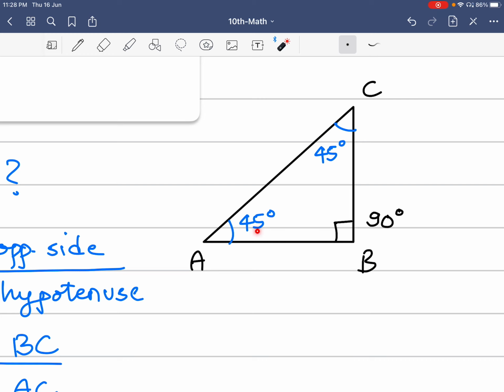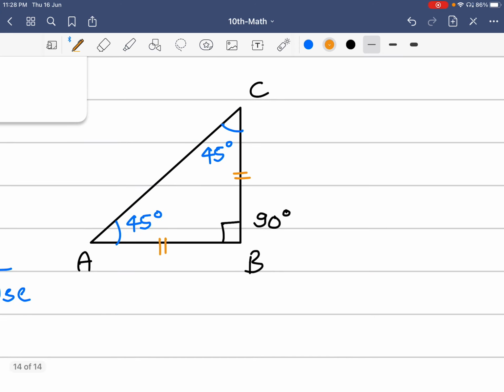Now closely observe this triangle ABC. We can clearly see that this is 45 degree and this is 45 degree. If two angles of a triangle are equal, then their respective opposite sides are also equal, because this becomes an isosceles triangle. This is the basic definition of an isosceles triangle: the two sides and hence the two angles of the triangle are congruent, they are equal.